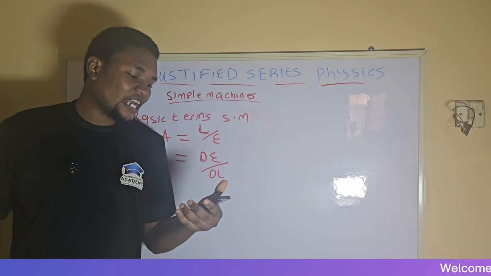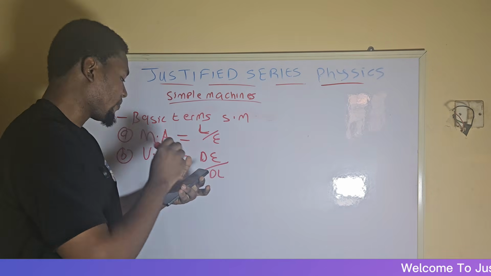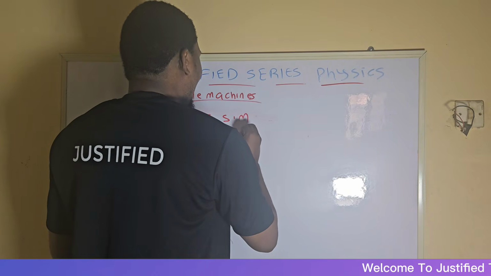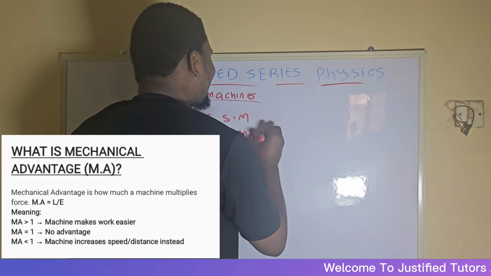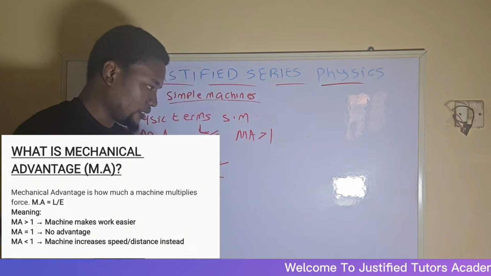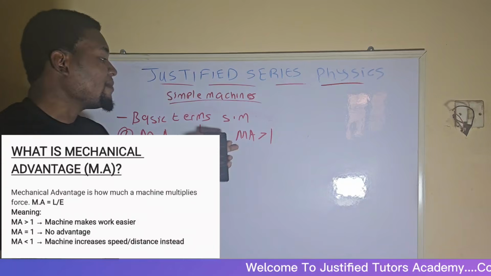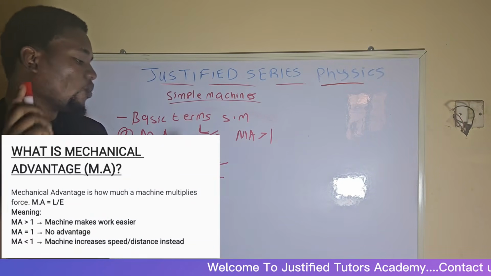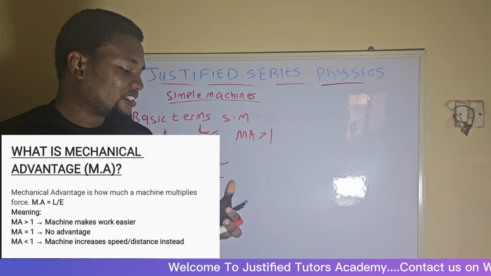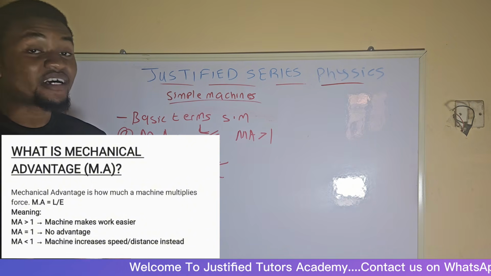For mechanical advantage, when your MA is greater than 1, it means the machine we built will make work easier.